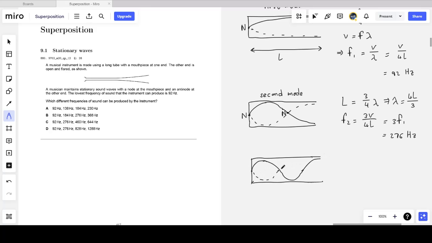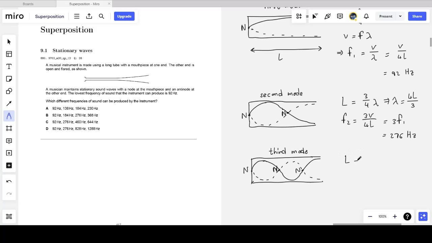And then the dashed line is the complement to the solid line. And so here I have 1 node and 2 nodes and 3 nodes. That's the third simplest frequency, the third mode of vibration of the standing wave.